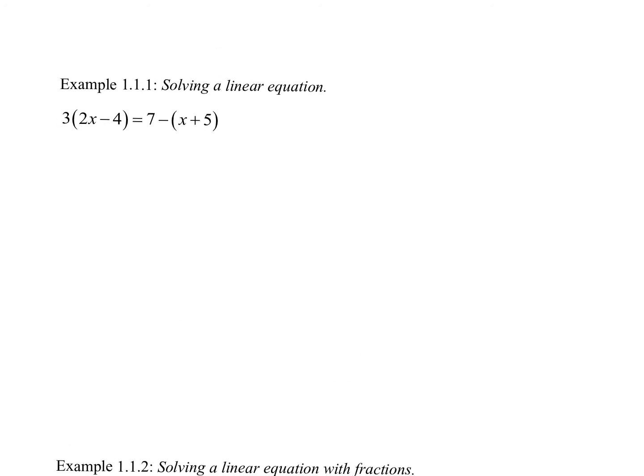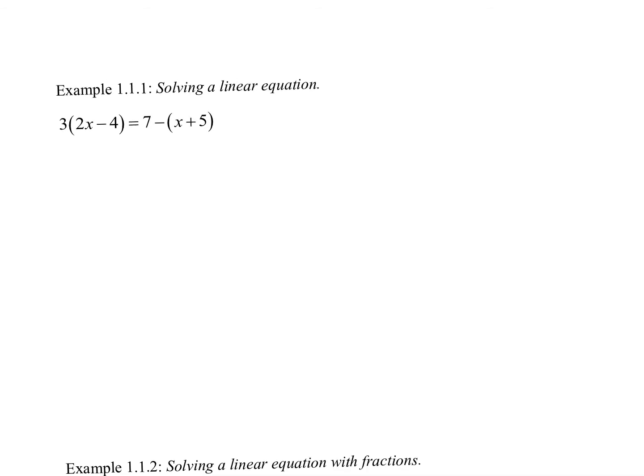So first one is solving linear equations. I'm going to distribute the 3 into the parentheses on this side, and on the other side, be very careful. This negative is like a -1, and that needs to get distributed into the other side as well. So when you distribute the 3 in, you're going to get 6x minus 12.